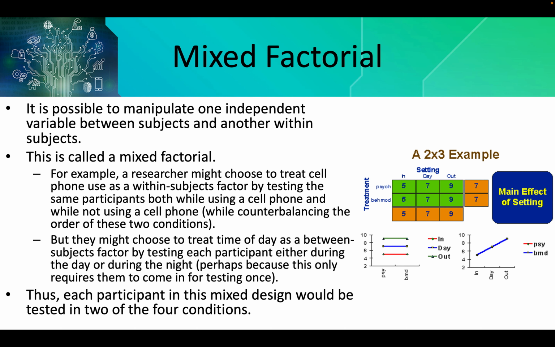But they might choose to treat time of day as a between subjects factor by testing each participant either during the day or during the night, perhaps because this only requires them to come in for testing once. Thus, each participant in this mixed design would be tested in 2 of the 4 conditions.